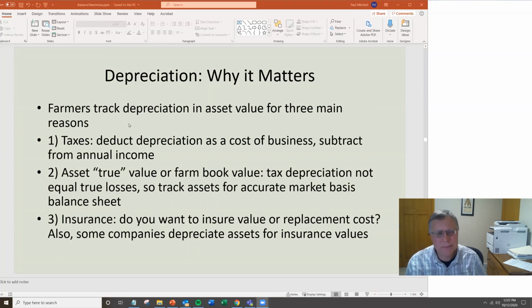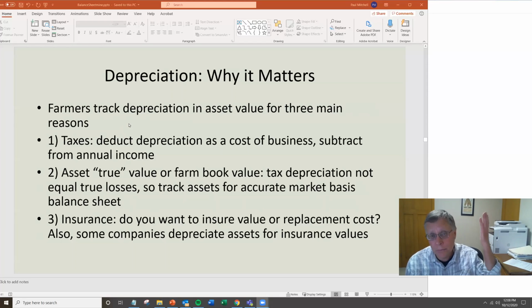And the last one is that sometimes people are concerned about insurance purposes. Some insurance policies insure an asset for its replacement cost, and some do it for the actual value of the asset. A simple example, which applies to everyone, like homeowners in urban or suburban areas: the insurance might be low because they depreciate the roof.